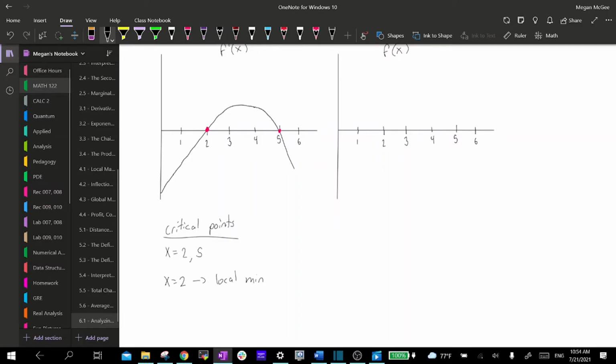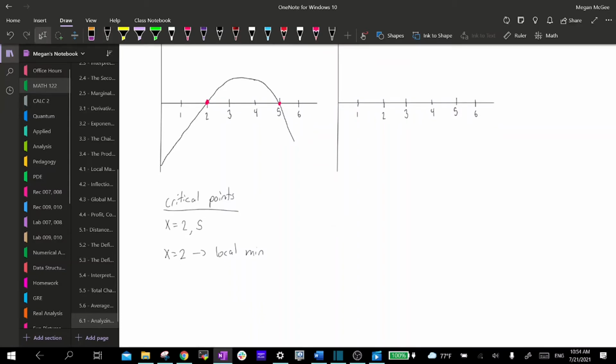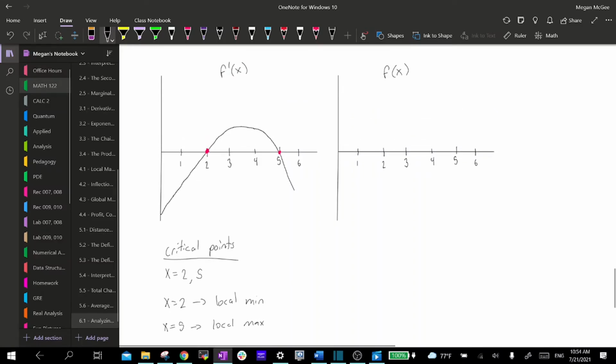At x is equal to 5, we go from positive to negative, so x is equal to 5 is a local max. What else can we find out about our original function based on our derivative? Well, where our derivative is negative, our function is decreasing, right?